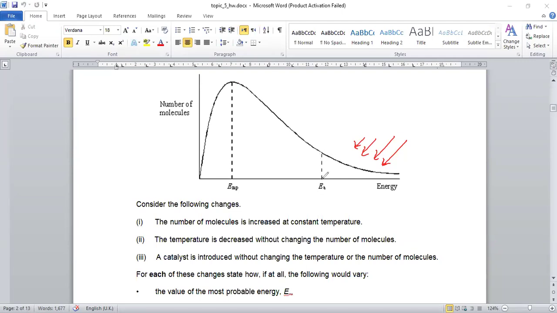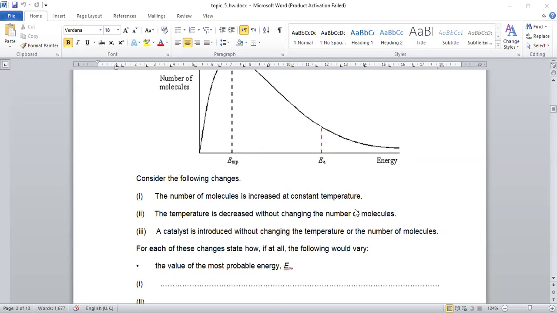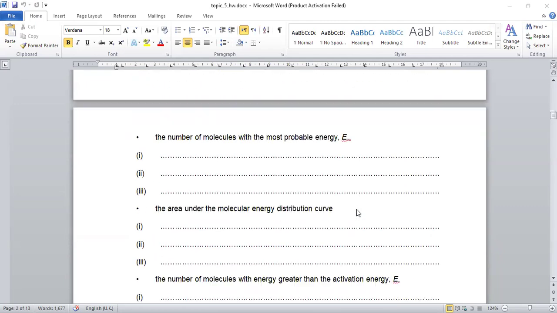Without a catalyst, you need to reach this level; this is the activation energy. But by using a catalyst, the activation energy value will decrease. So the EA will decrease, not EMP. The catalyst affects only the amount of activation energy. It will decrease the minimum amount of energy needed by the molecule. That's why I told you we must discuss it before solving, because it's the most important part.